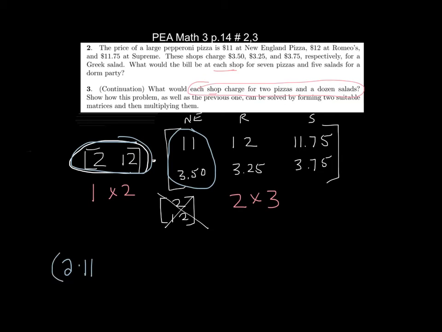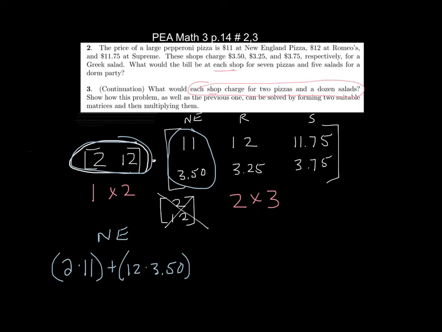That would give us a total cost of pizzas at New England, plus 12 times 3.50. That'll give you the total salad cost for New England. Okay, so that's New England's total cost right there. Whatever the answer is, when you dot them together, would be for New England.